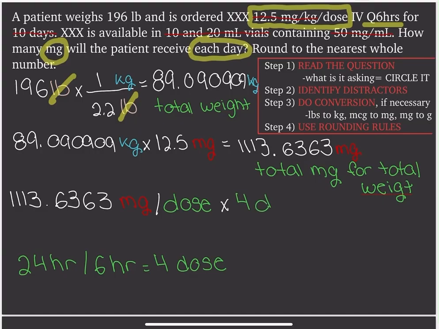So you're going to multiply the total amount of milligrams by the total amount of doses received each day. And this is because they're asking for the total amount of milligrams that the patient will receive each day. And you will get 4,455 milligrams.